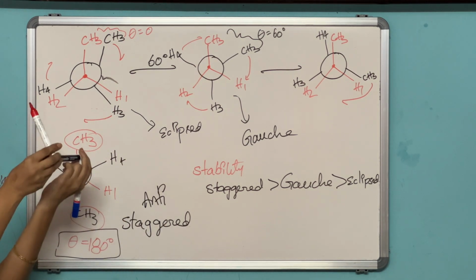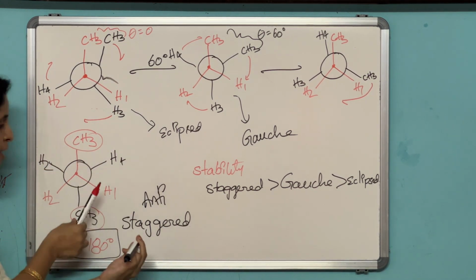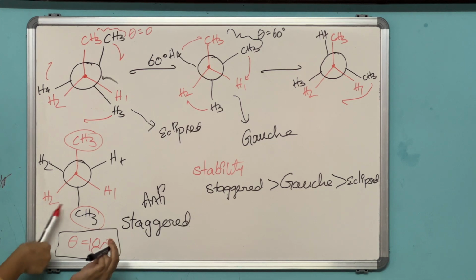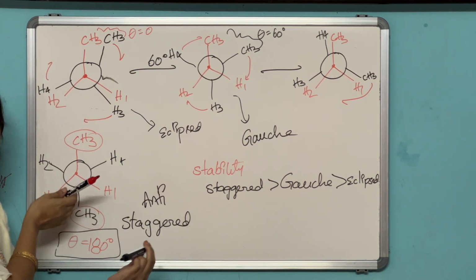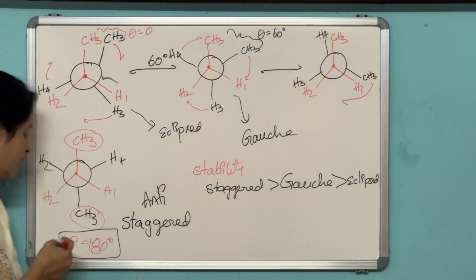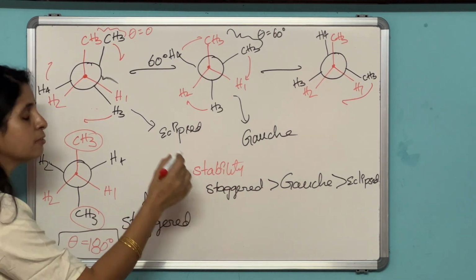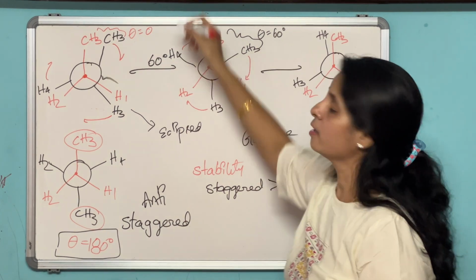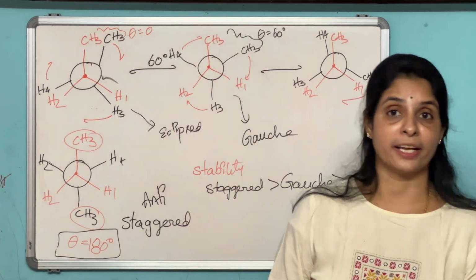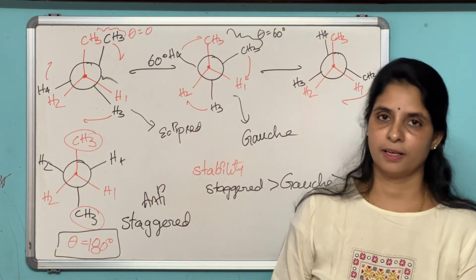At a dihedral angle of 180 degrees there is no van der Waals repulsion because they are spatially far apart from each other. So because of the lower van der Waals repulsions, the staggered form is considered the most stable form in the conformations of butane.